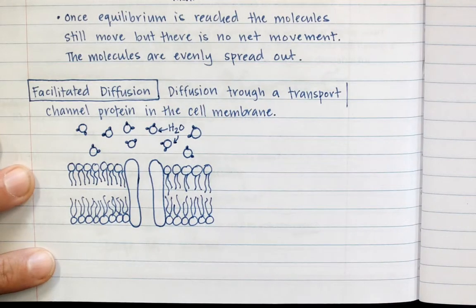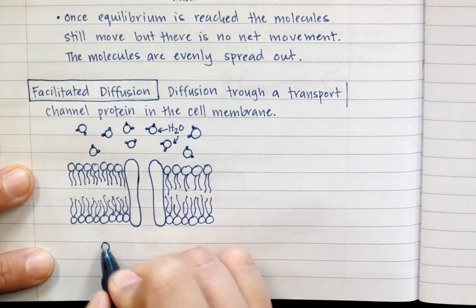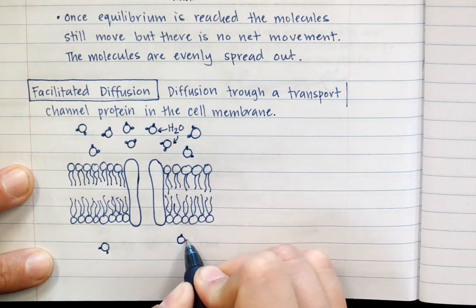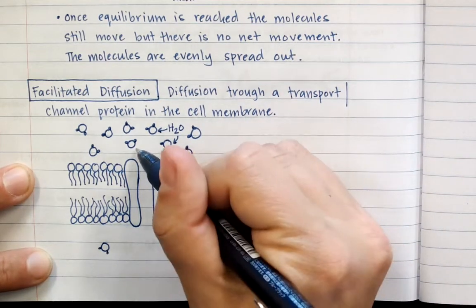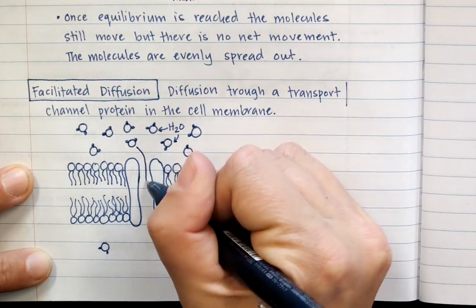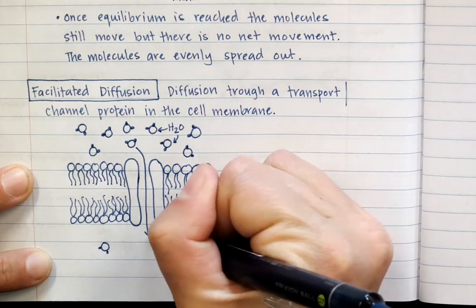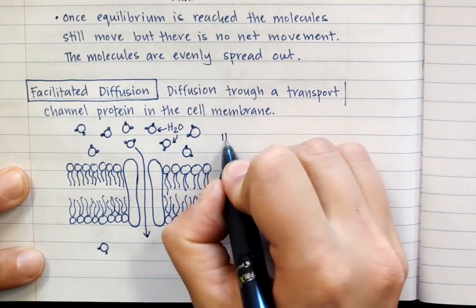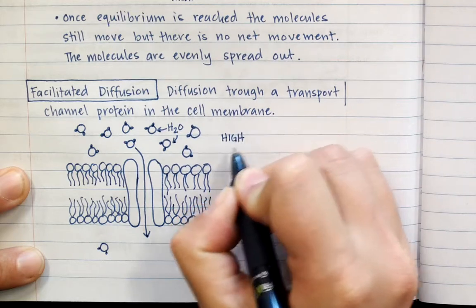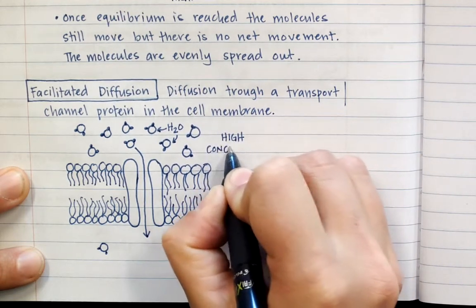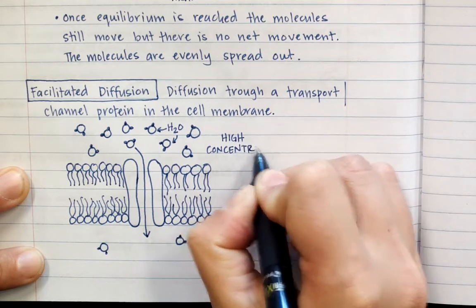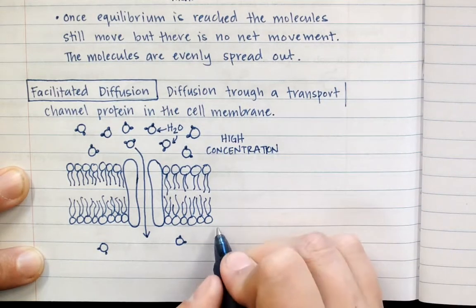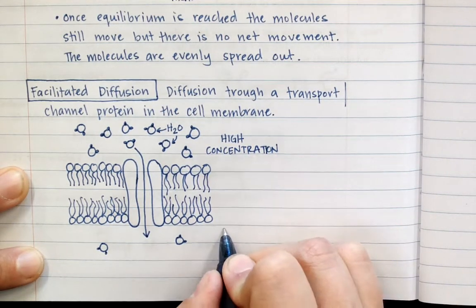If I've got a lot of water molecules on this side, and I've only got, say, 2 sad, lonely water molecules on this side, then with the help of this transport protein, the water is going to diffuse from an area of high concentration to an area of low concentration. So let's label this high concentration, and this over here is going to be a low concentration.